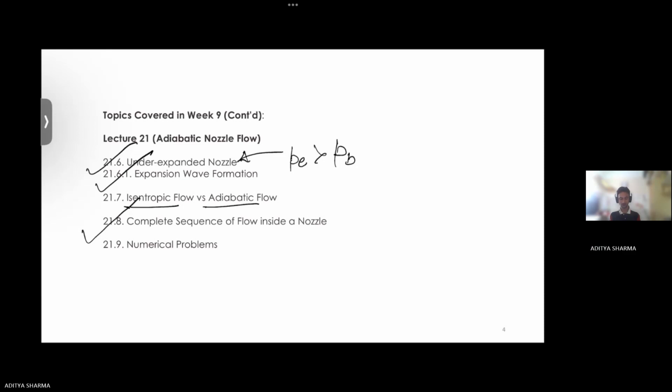Then there are numericals linked to this lecture, Lecture 21. So this was about the second lecture of this week's content.